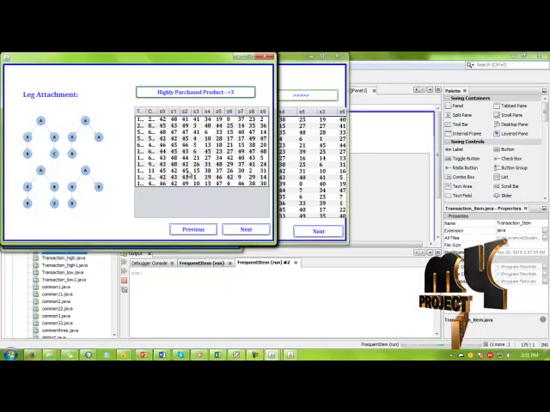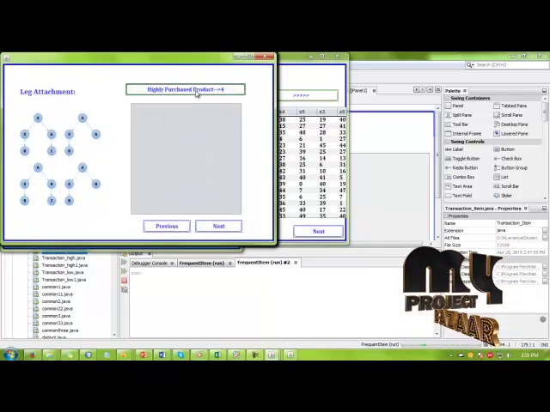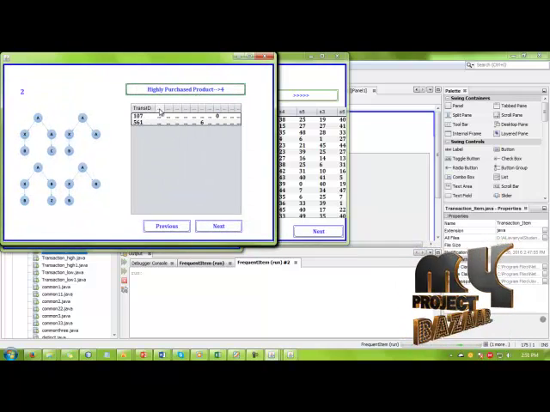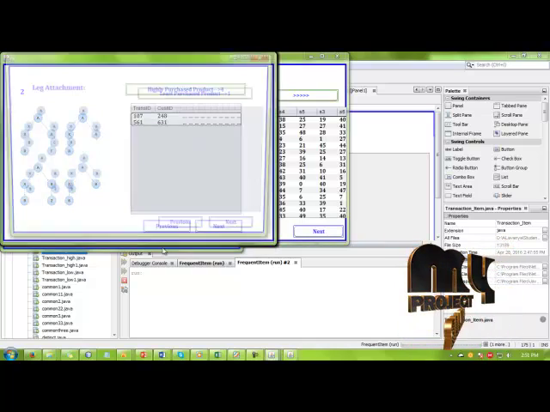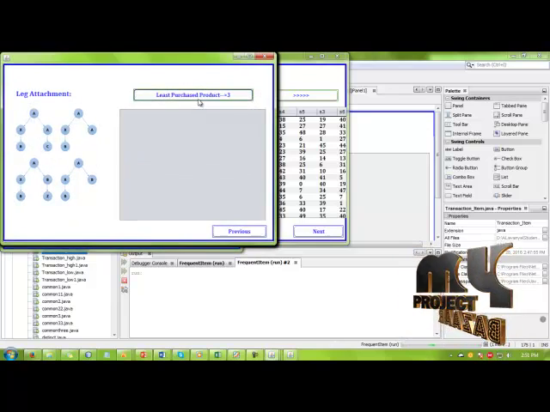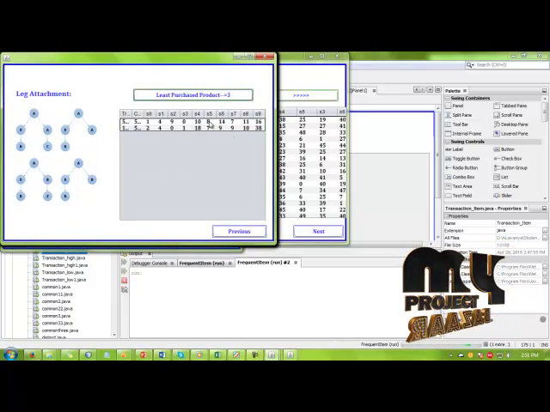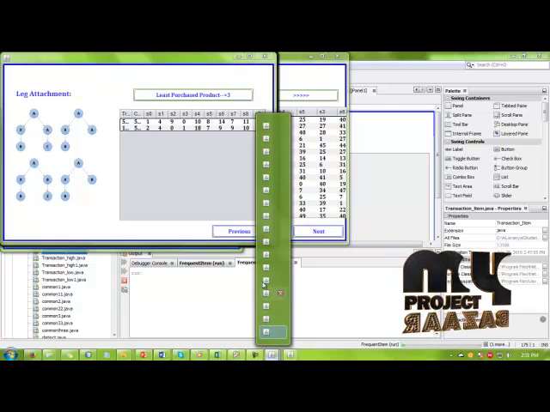Here we filter the maximum highly purchased product. Finally, we filter the highly purchased product. On the least side also, we find how many users are purchasing the least count of products.